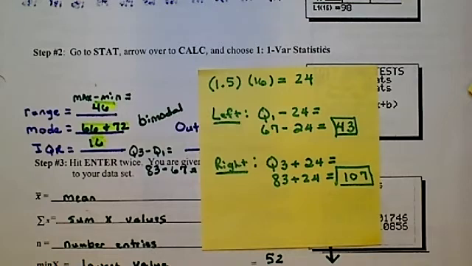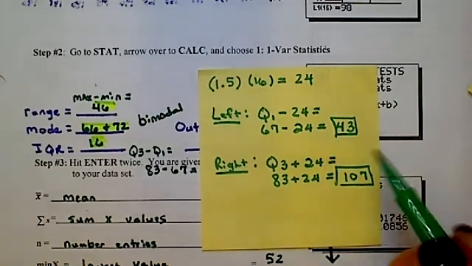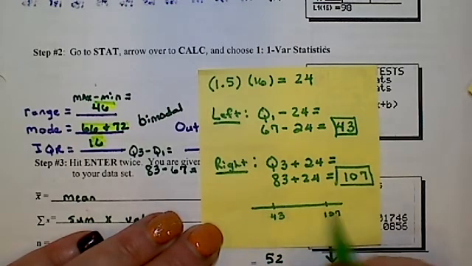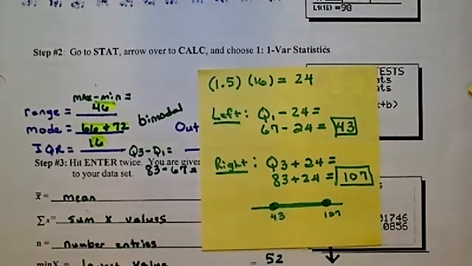So what we have to ask ourselves, do we have any outliers, any numbers that are lower than 43? All of our data entries need to be between 43 and 107, or we have an outlier.